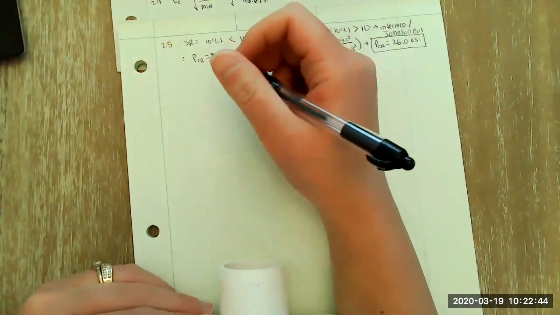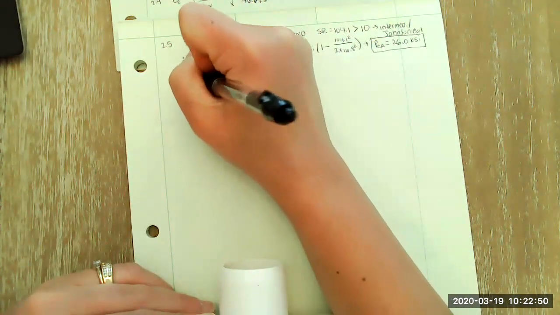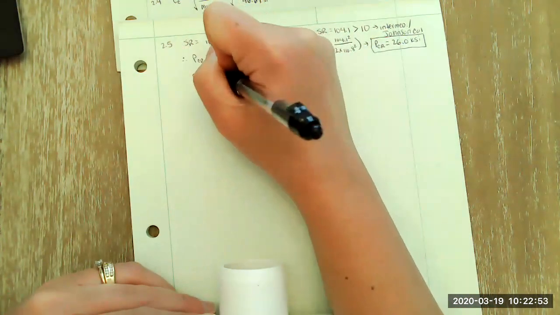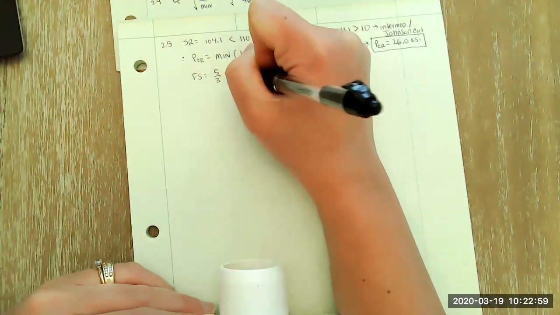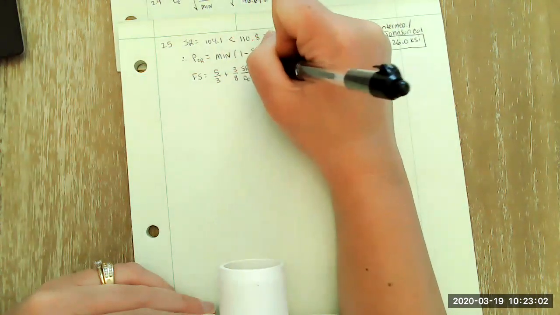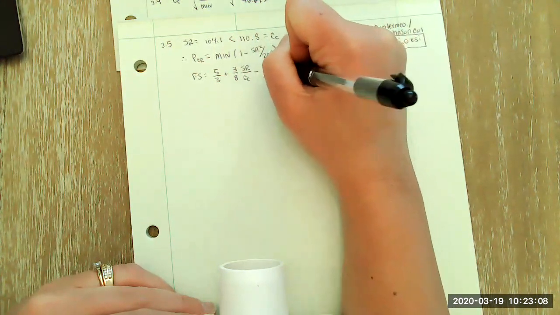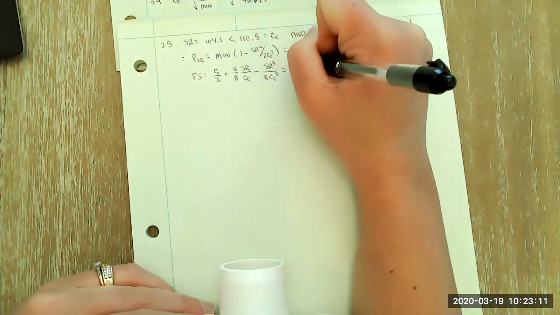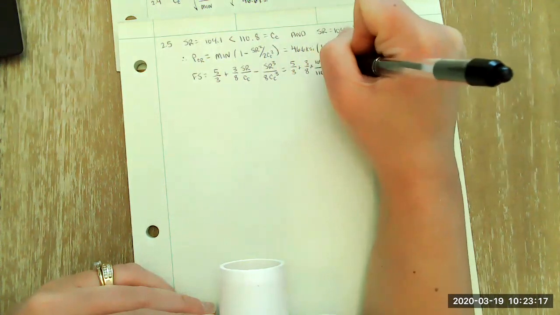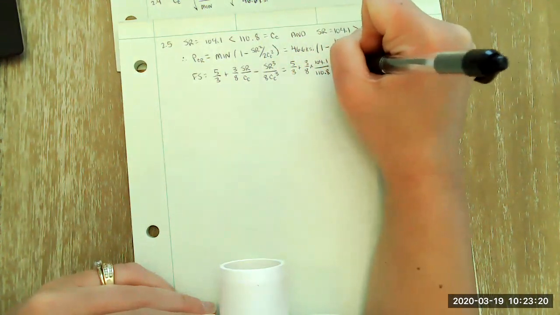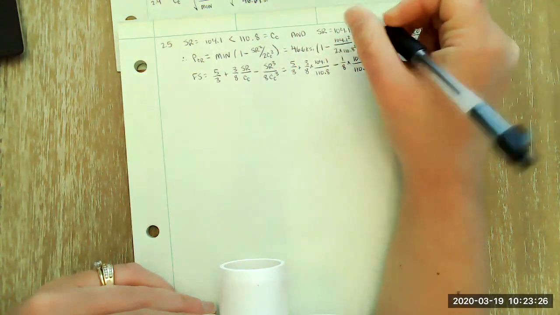Our allowable buckling stress will be our critical buckling stress divided by a factor of safety. So our factor of safety equation from the Cliff Notes is equal to 5/3 plus 3/8 times our slenderness ratio over our critical slenderness ratio minus SR cubed over 8 C sub C cubed. Plugging in numbers here, we get 5/3 plus 3/8 times 104.1 over 110.8 minus 1/8 times 104.1 cubed over 110.8 cubed.